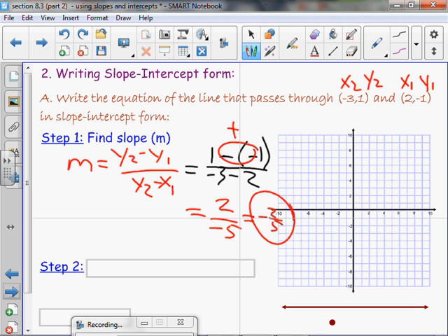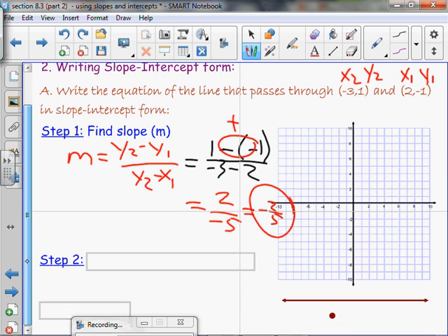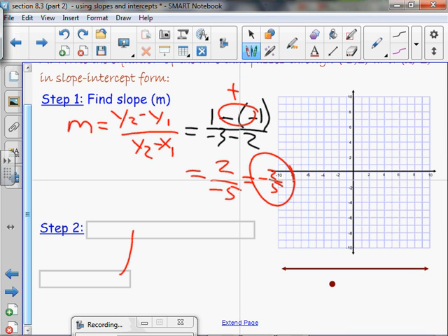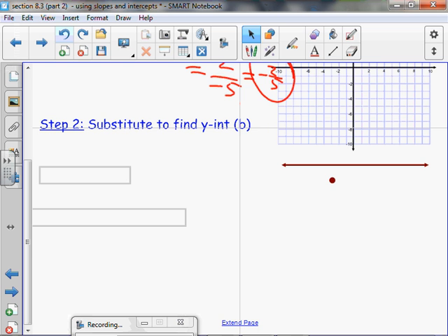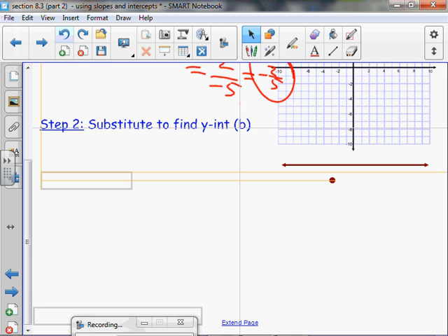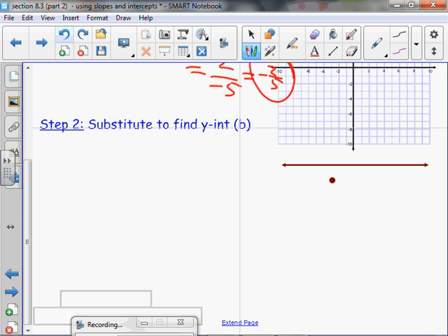Now I need to find my y-intercept. And here's the tricky part, so you need to stay with me here. Substitute to find your y-intercept. Okay. So remember your equation. What form do you want it in? Y equals mx plus b.